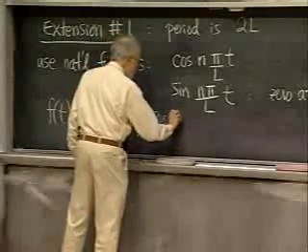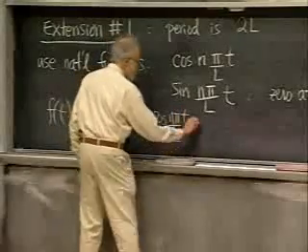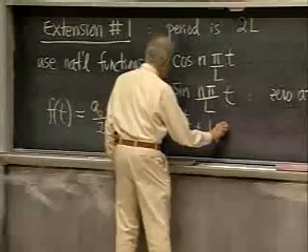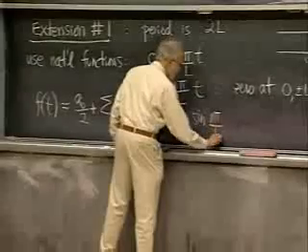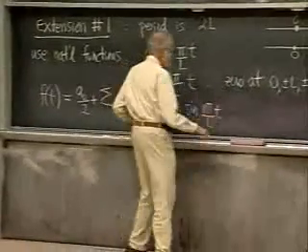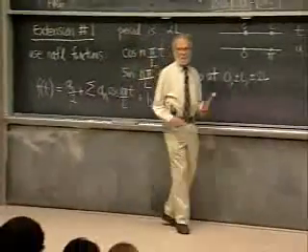So n pi t over L, plus bn, okay, I'm tired, but I'll put it in anyway, n pi t over L. But of course, what about the formulas for an?